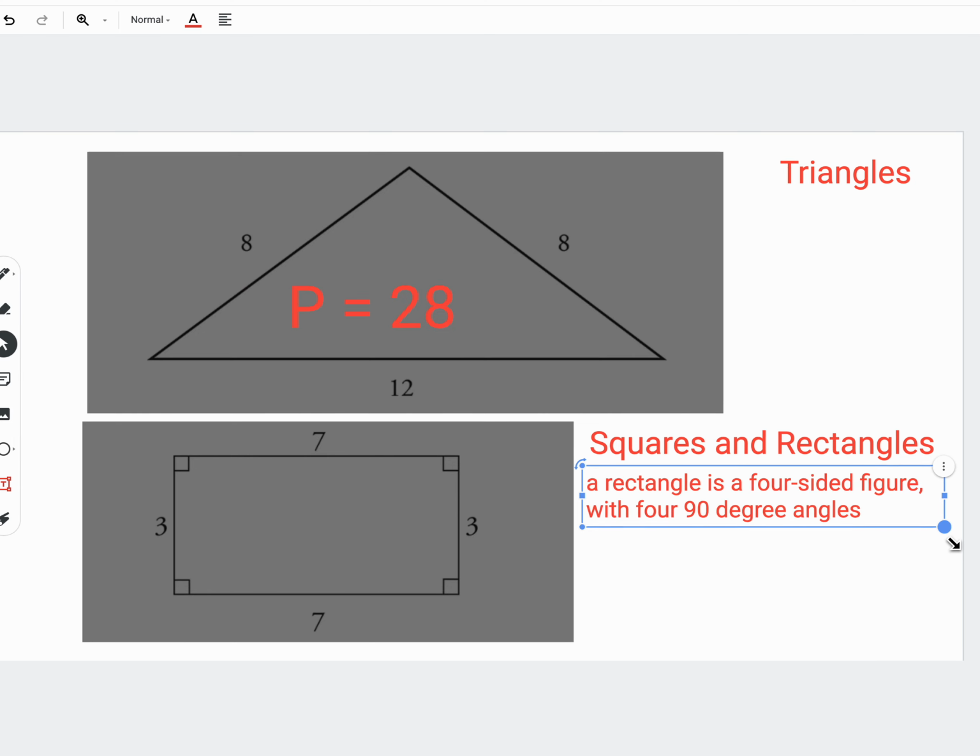A square is a special type of rectangle in which all the sides are equal.